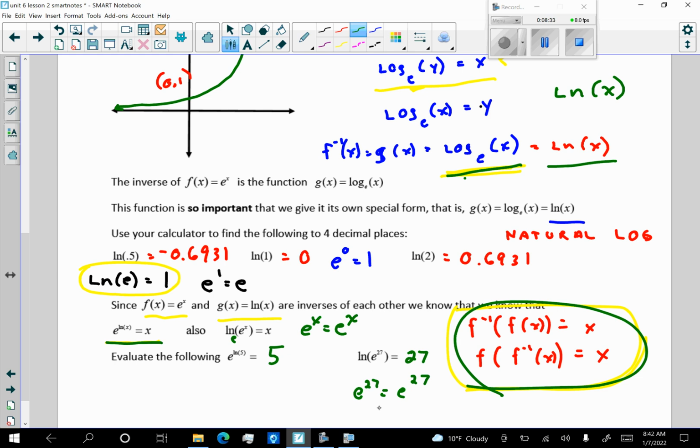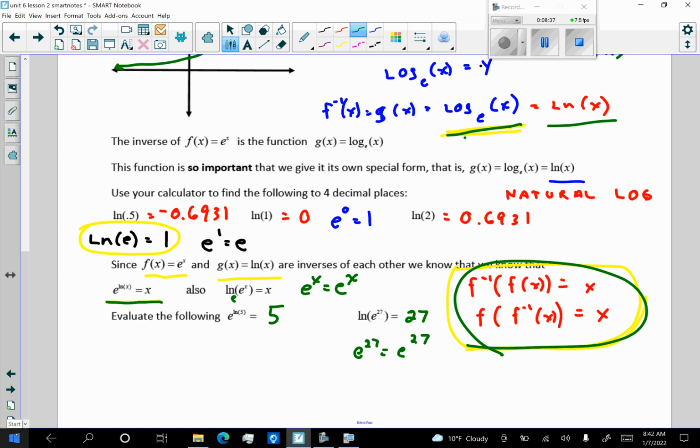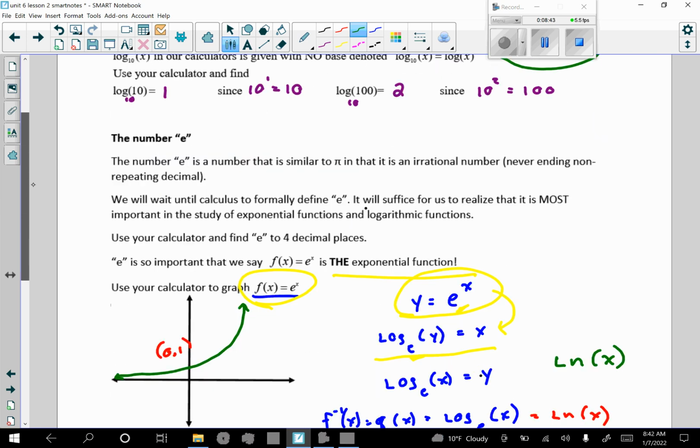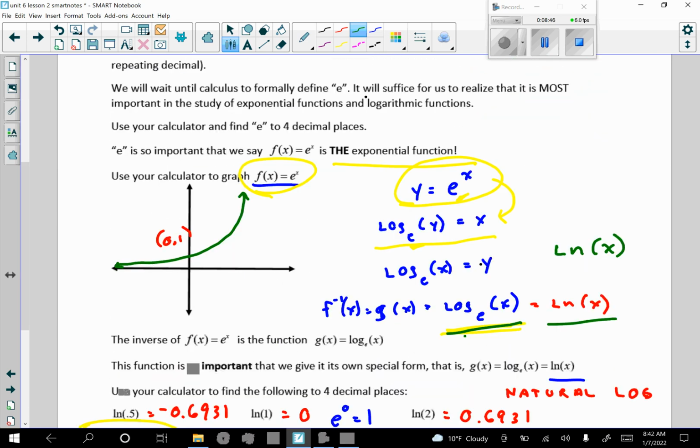So that's a quick little video over this particular activity, which is going to be very important. You will need to know these two logarithms. You are going to need to know this. When you see log, that means log base 10.